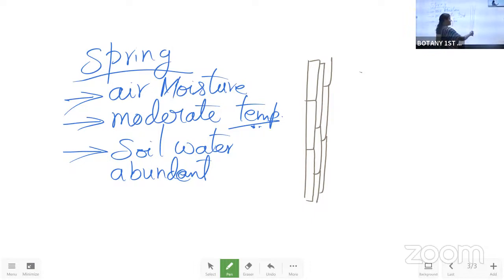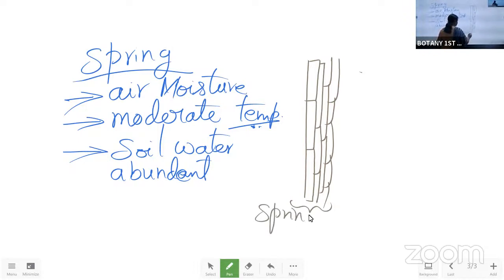So for that sake, during the spring season, water availability is high, a larger number of xylem cells are formed, and all those cells are long, thin-walled, having a big lumen in them. Like this, the xylem is formed, and this type of xylem is the one formed in the spring season.